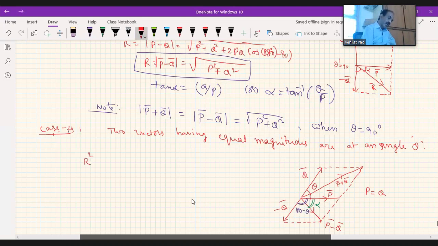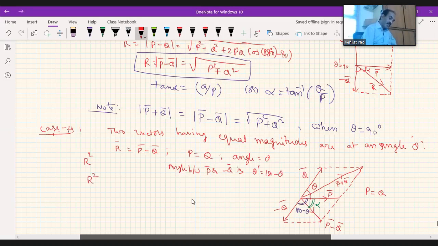R bar equal to P bar minus Q bar, P equal to Q, angle theta. So theta dash is the angle between P bar and minus Q bar, theta dash is 180 minus theta.